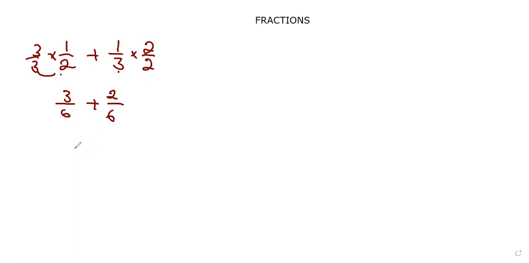Now the denominators are the same. What do we do? Take one denominator. 3 plus 2 is going to be 5, so it's 5 over 6. This is for when you don't have the same denominator: you multiply this side, then 3 this side, which makes the denominators the same. Then you can work the way you are familiar with for fractions that have the same denominators.